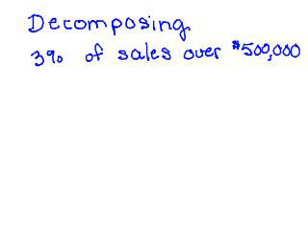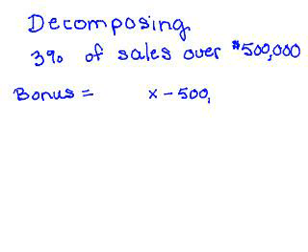Okay, so just to look at how much our bonus is, the first thing we do is see if we have sales over 500, and if we do, we take that amount and subtract off 500,000 from it, because we only make it on sales above that.